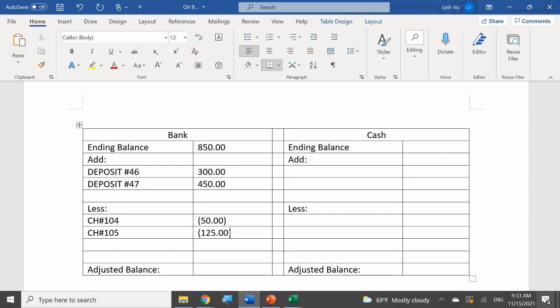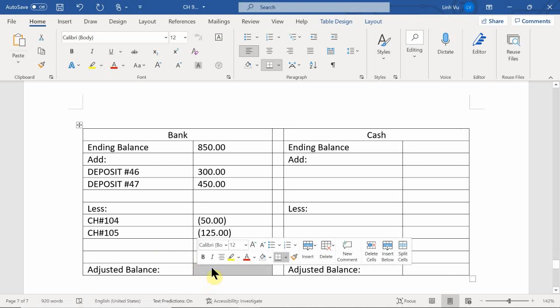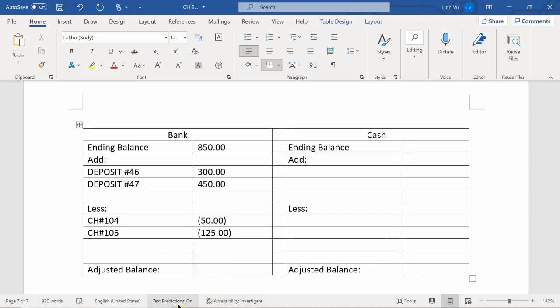Okay? So in this case, right? What's my adjusted ending balance here?